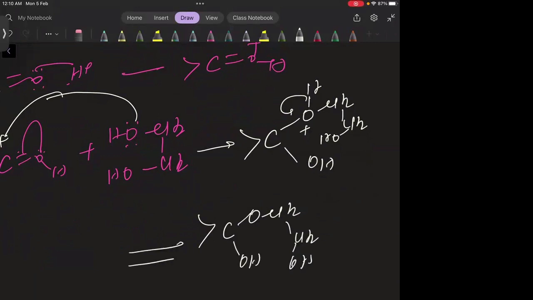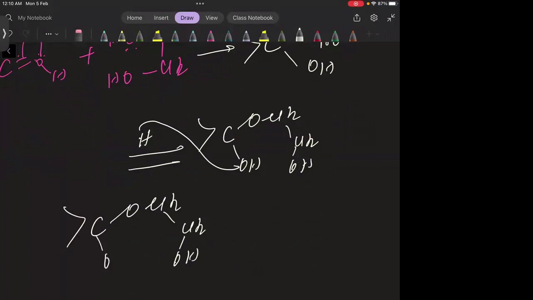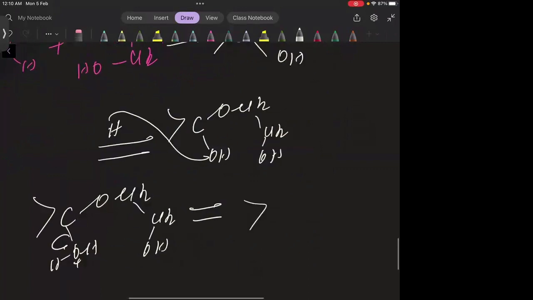Again, you take that dilute dry HCl, so H plus again will attack here, and what will happen? C-O-CH2CH2OH, and once the H is added, cations will come, and then again the carbocation, OCH2CH2OH will form here, and as you know, there is a positive charge here.